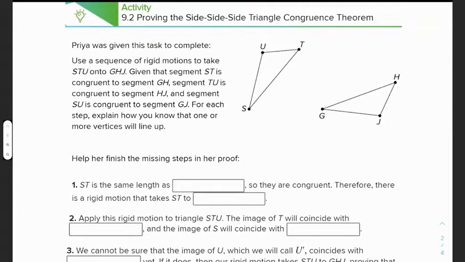So they say ST, this side, is congruent to GH, which is this side. And then they say TU is congruent to HJ, so this side is congruent to this side. And segment SU is congruent to JG. There we go.